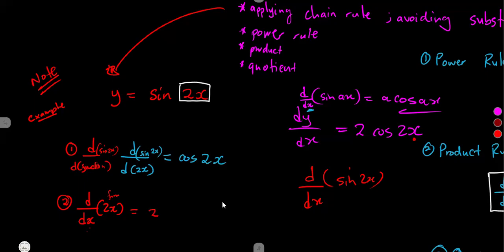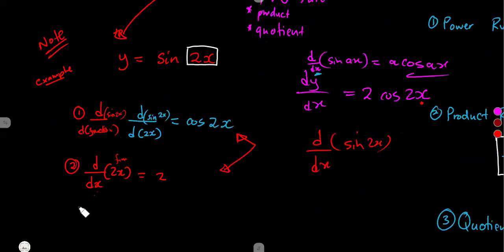So the answer is the product of these two: when we focused on the sine on its own, and when we focused on the 2x with respect to x. To find our answer, we multiply these two. That is going to be our derivative of y with respect to x. It's 2 times this, which is 2 cos of 2x.